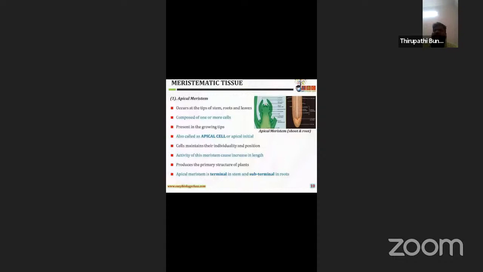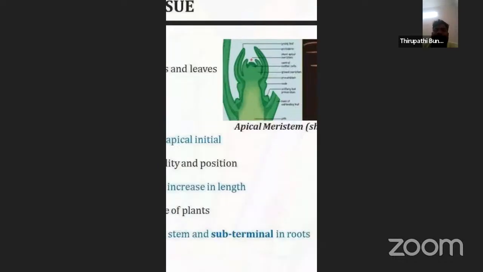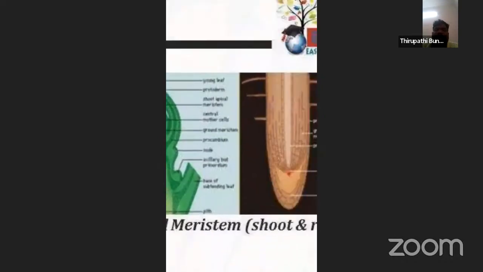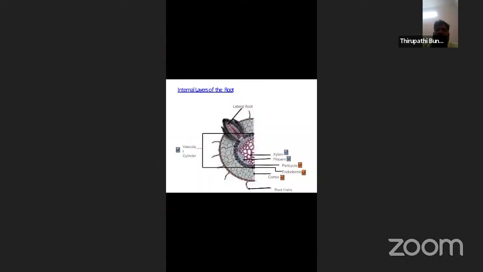Apical meristem is terminal in stem and subterminal in root. See here, this is apical meristem.